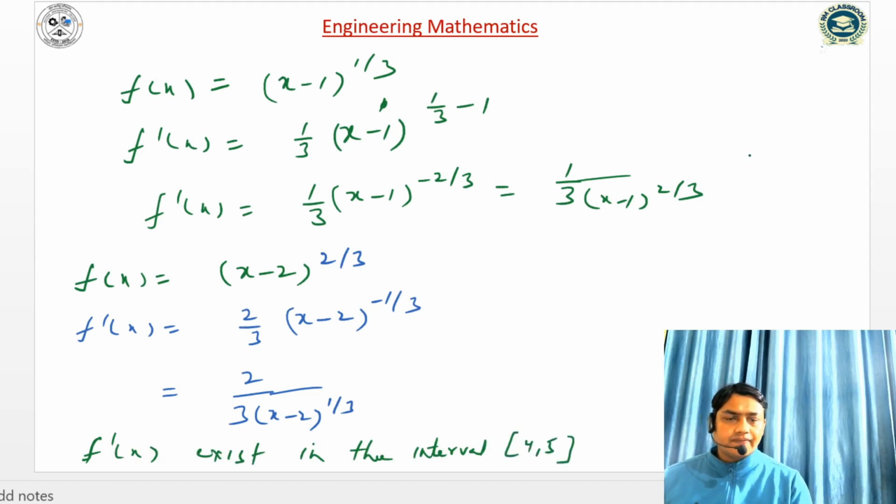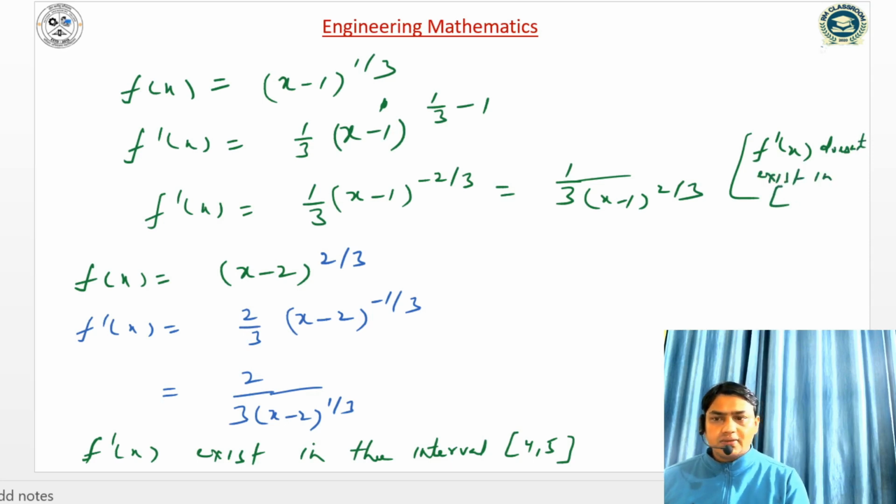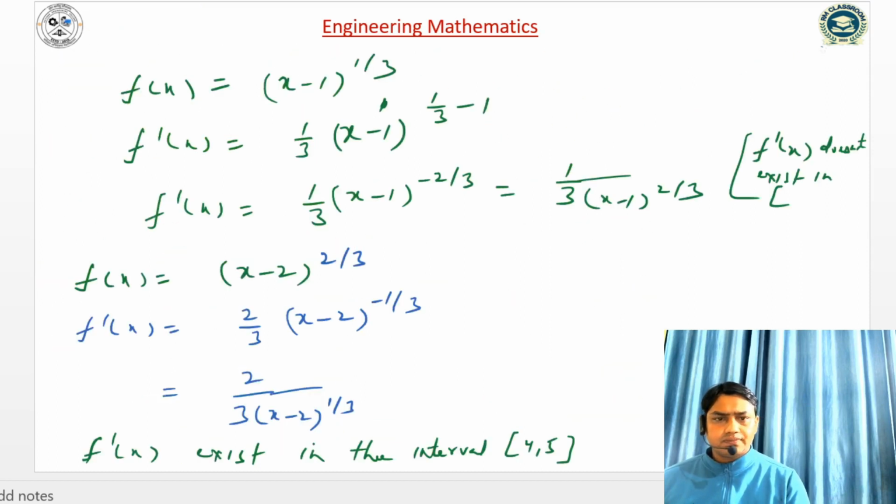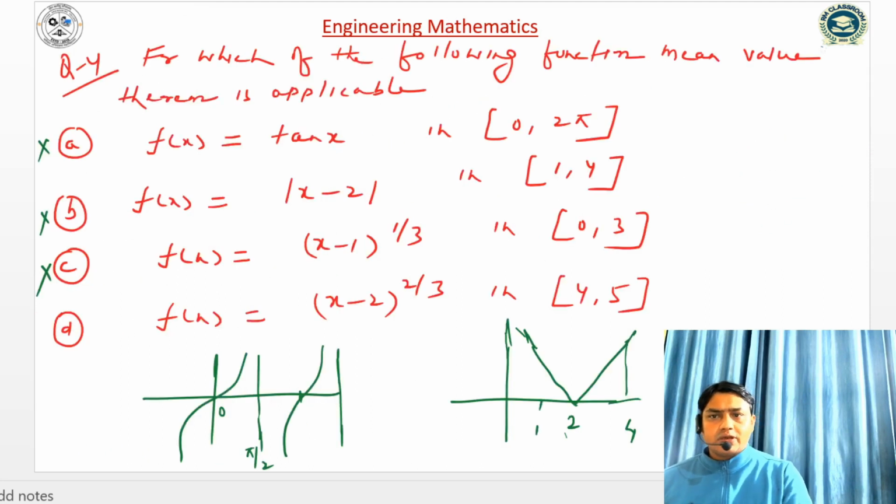But here, f dash x does not exist in the interval 0 to 3. So we can apply the mean value theorem in this function.